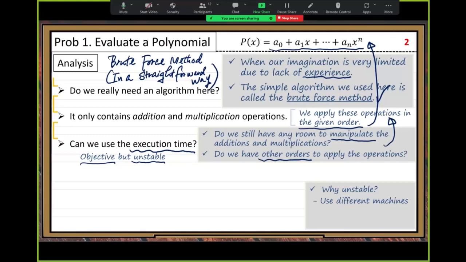If you use a supercomputer, multiprocessors, parallel computing, you can get much faster execution time, right? So that's why we say from the hardware point of view, execution time is unstable.